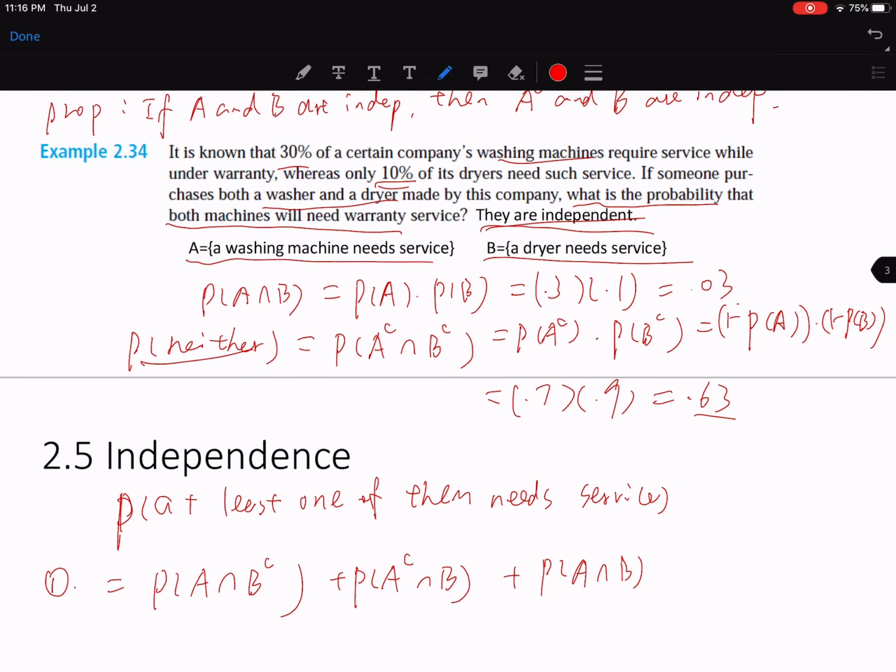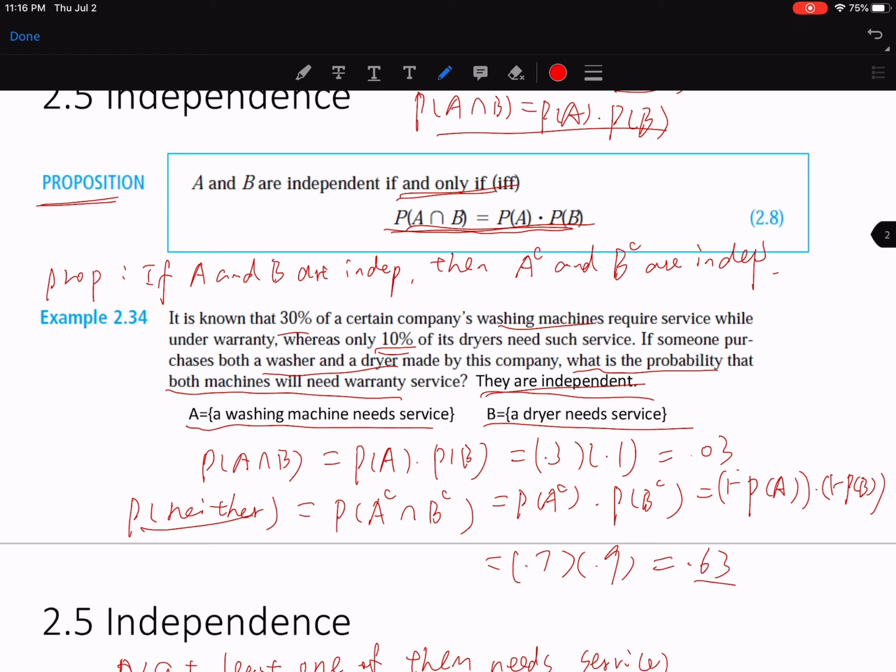Actually, I will put two more things over here. If A and B are independent, then A complement and B complement are independent. If A and B are independent, then A complement and B are independent.